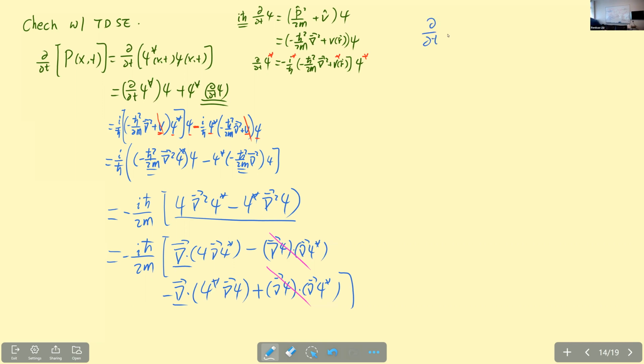partial t of rho(x,t) equals minus i h bar over 2m.